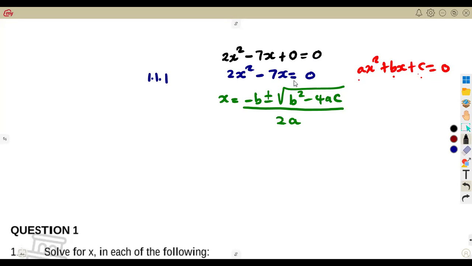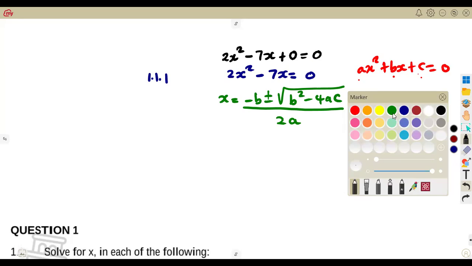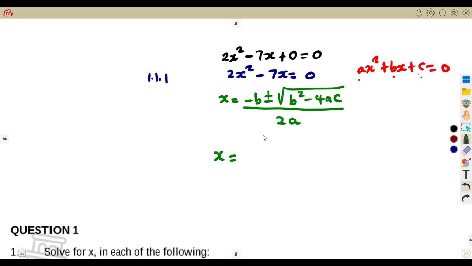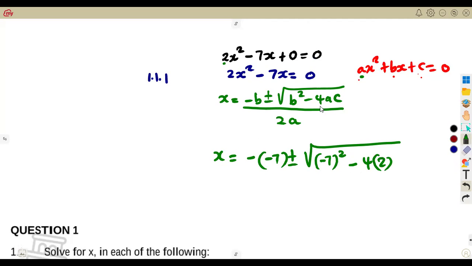So if you are to use your quadratic formula and substitute into this formula, x is equal to minus our b, that's the coefficient of x, so that is negative 7, plus or minus the square root of b squared, which is minus 7 squared, minus 4 times a, the coefficient of x squared, so that is 2, and our constant c, which was not given.